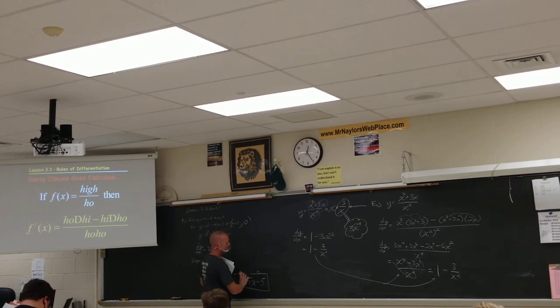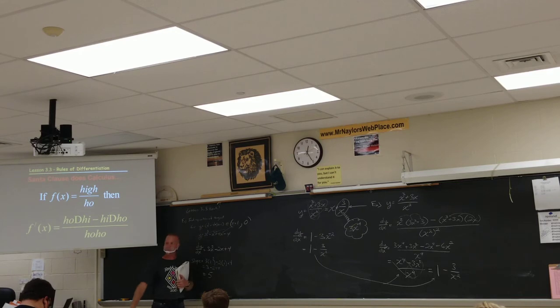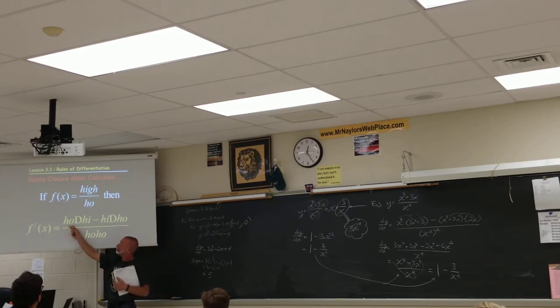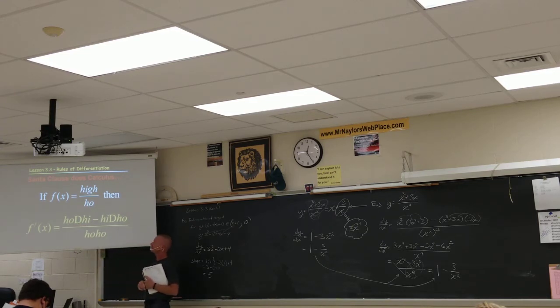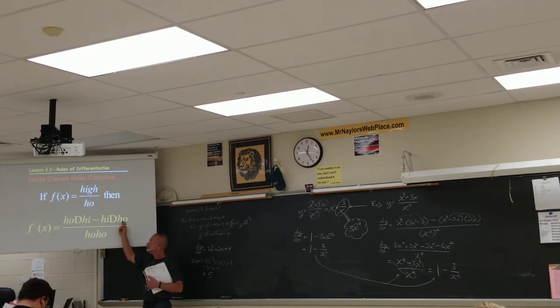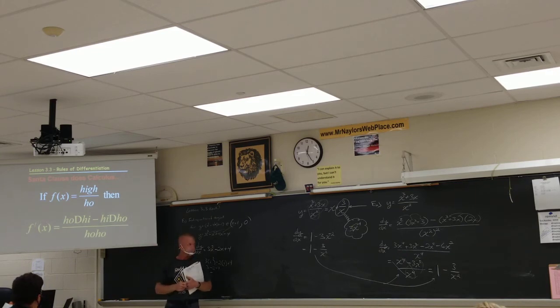Now, what is that? Well, it's the quotient rule, because ho is the denominator, so it's the bottom, and d stands for derivative, so bottom times the derivative of the top, ho d hi, minus hi d ho, top times the derivative of the bottom, and then you get the ho ho.